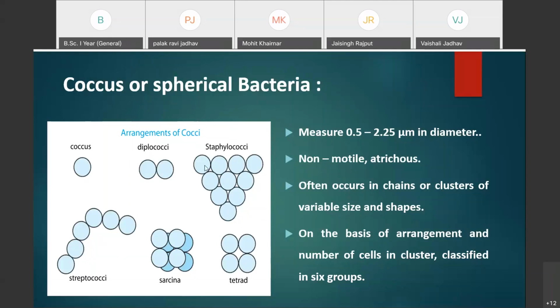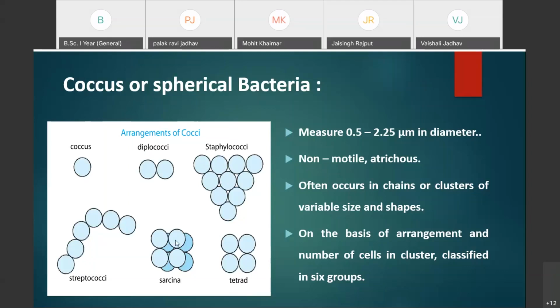The examples of the staphylococci are Staphylococcus albus and Staphylococcus aureus.